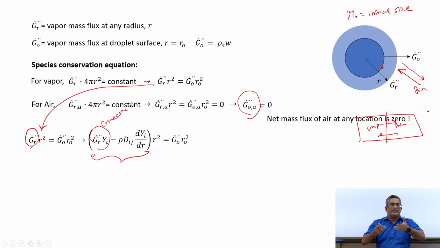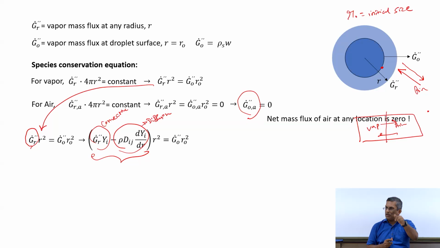The vapor itself is transported due to the bulk motion. Remember, there is no airflow here, but still you have bulk motion of the vapor, and that is what is causing this term. And then this one, this is the diffusion, and in fact we have used Fick's law of diffusion here.